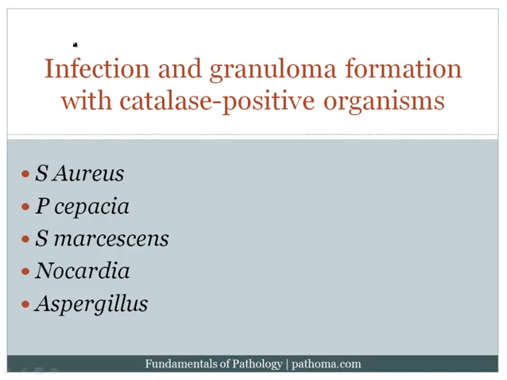Now, in particular, there are 5 organisms that patients get infections with. Staph aureus, but everybody knows it, and it's a very, very classic bug, and it's not really the one that shows up on examinations most often. So Staph aureus is a catalase-positive bug, and it is a common bug that will arise in a patient with chronic granulomatous disease. But I would tell you, in my own opinion, more important is Pseudomonas cepaceae.